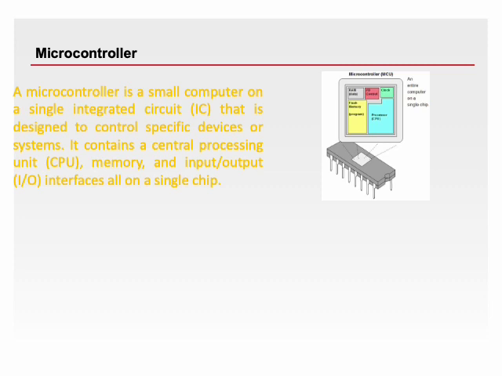A microcontroller can be seen as a small computer, and it contains the essential components inside a computer, such as a central processing unit (CPU), memory, and input-output (I/O) interfaces, all on a single chip. This diagram shows the main components of the microcontroller.